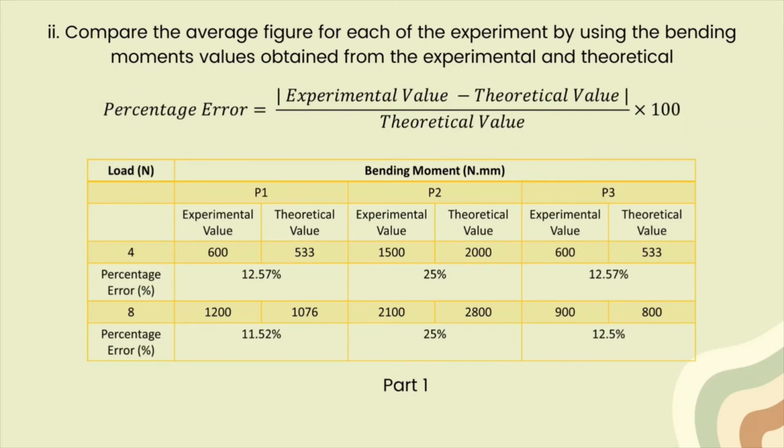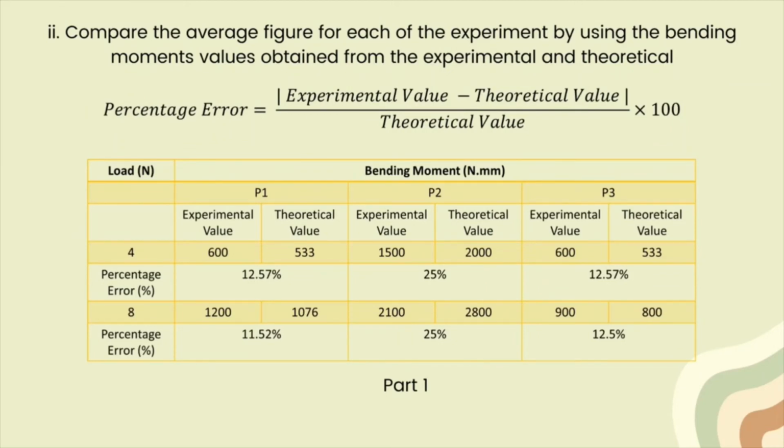Second, compare the average figure for each of the experiments by using the bending moment value obtained from the experimental and theoretical. As we know, percentage error is equal to experimental value minus theoretical value, that is always positive, divided by theoretical value times 100. So for part 1, there are different loads, 4 Newton and X Newton.